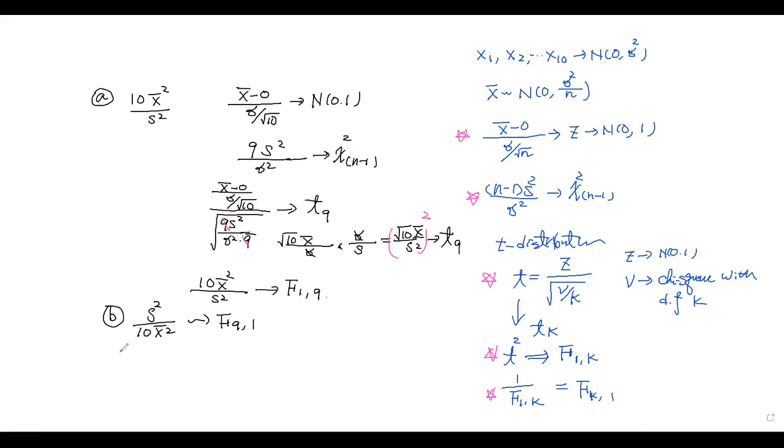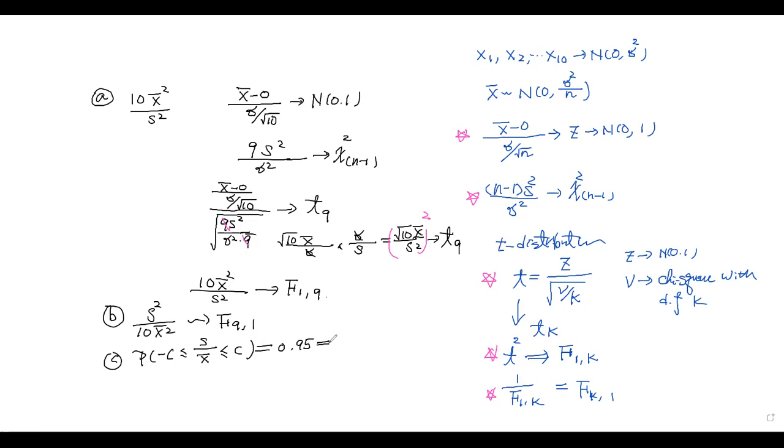Now part C, the last part, they ask us to find the value of C such that the probability of S over x bar from negative C to positive C is equal to 0.95. So what is the C value here?